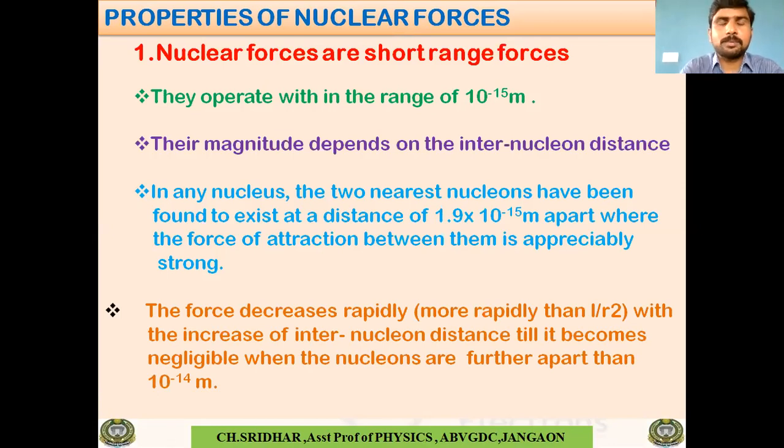So as the distance between the particles increases, the strength of the force decreases rapidly, and the magnitude of the force becomes negligible at 10 to the power of minus 14 meters. So this is the explanation for the nuclear forces being short range forces.